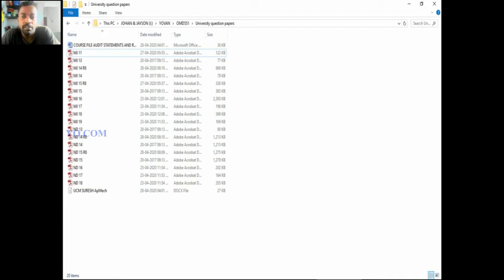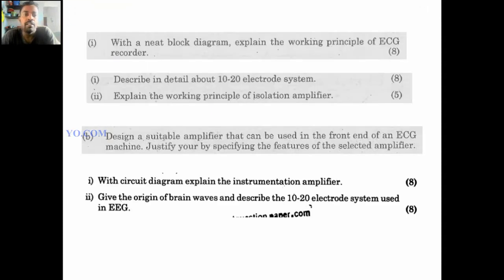OMD 551 is a new syllabus for 17 regulation, so there are no old university questions. So here we have previous year medical electronics questions, but the syllabus is somewhat different, so we are taking the common terms from the previous year questions. These are some questions I copied from the previous year questions.